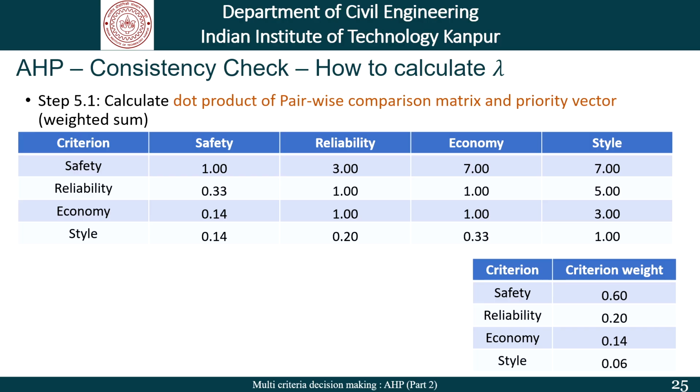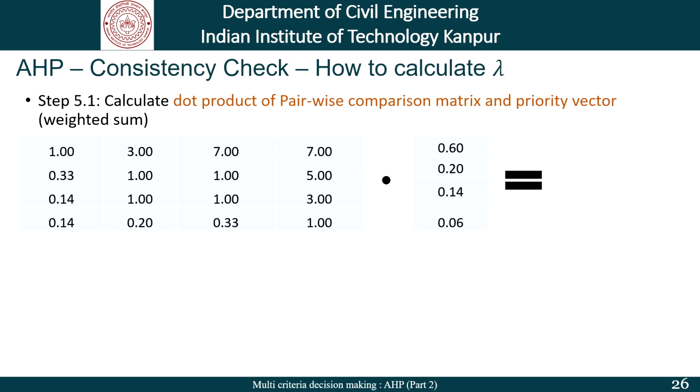Now, we try to calculate the dot product of these two matrices. I hope all of you remember what a dot product is from your high school days. So, these two matrices can be written like this, and we have to calculate the dot product for these. Please try to do it on your own. The way we do this is, we multiply the corresponding row with the column matrix given here.